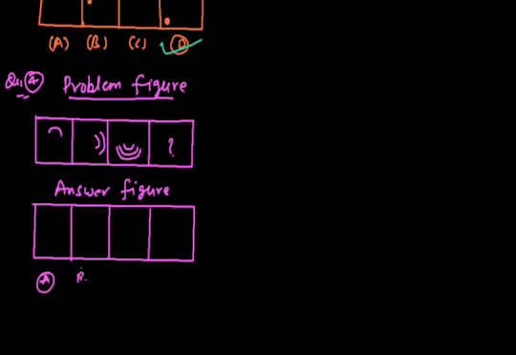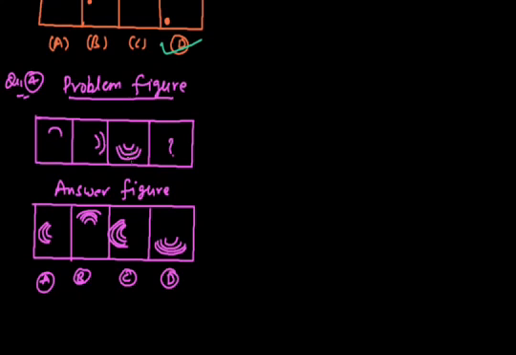Option A, B, C, D. Here in the problem figure we see a curve in one figure, and in the second figure the curve moves in anticlockwise and increases by 1, and again from second to third the curve moves in clockwise and increases by 1.